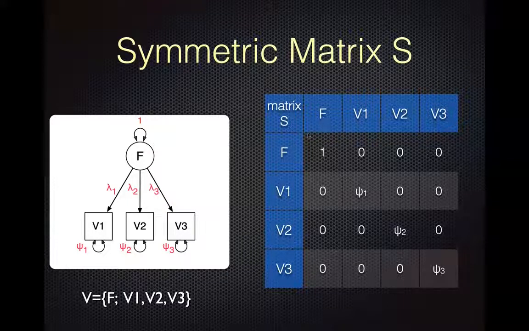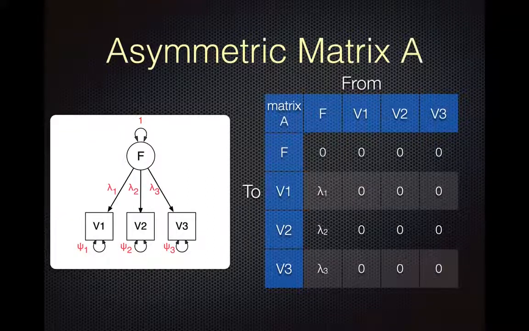The covariance between F and F is simply 1. The other residual covariances at the bottom similarly enter on the leading diagonal, with psi1, psi2, and psi3 being the residual variances specific for the v1, v2, and v3 measures. So that deals with the double-headed arrows in this figure.